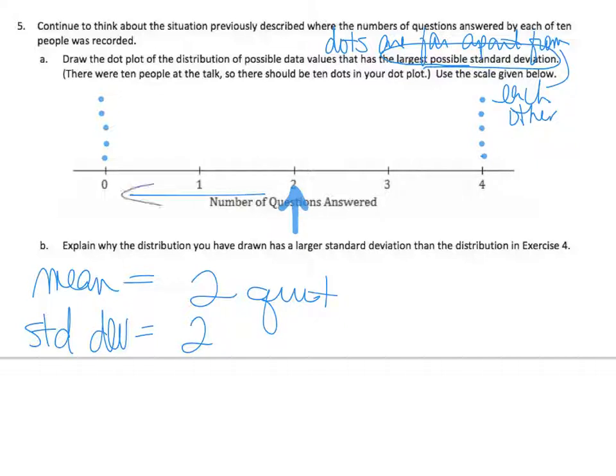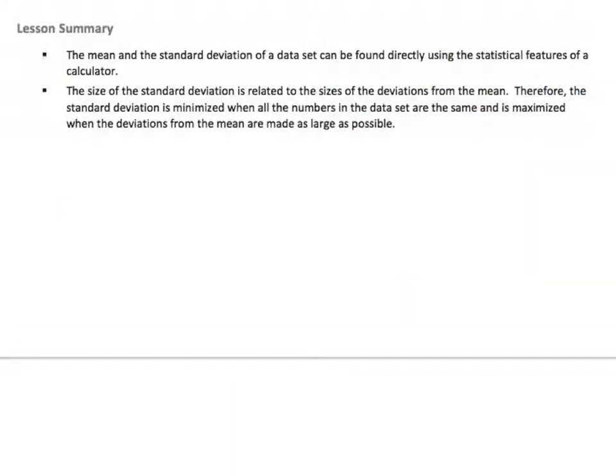So the distance from here to there is 2, and the mean, which is the average, would also be 2. The standard deviation of this distribution is larger than that of the one in exercise 4 because deviations from the mean here are all greater or equal to the deviations from the mean in 4. Okay?